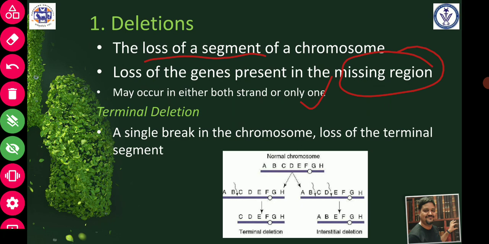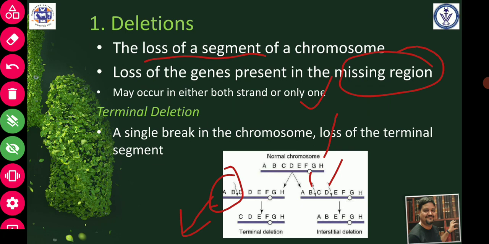Again, this deletion is of two types, that is terminal deletion and interstitial deletion. Here you can see in this picture, the terminal deletion means there is a cut between B and C, and you can see in the terminal deletion this A and B segment is lost. Whereas in the second part, you can see there are two breakages, between B and C and between D and E, and now the C and D segment will be lost.